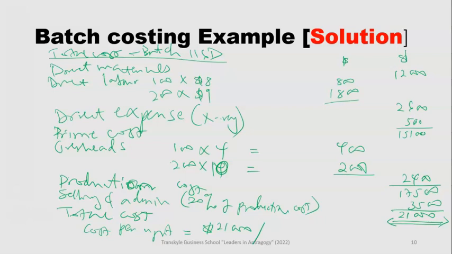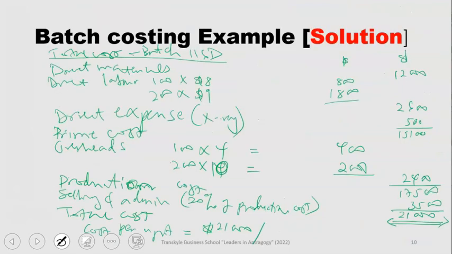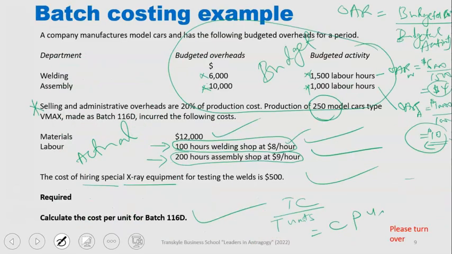And we have been told in the question that the number of units were 250. So just slot in that figure to get the answer. So 250, and you get $84. So the cost of producing 1 unit in this particular batch was $84.